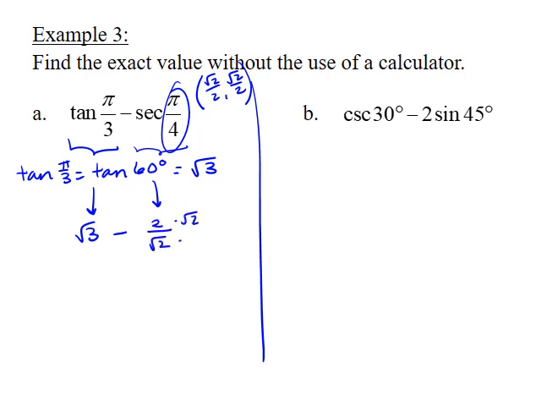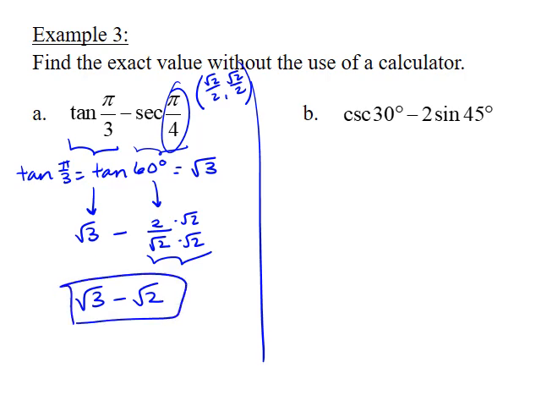But if I rationalize this, I end up just getting root 2. So the exact value that we are interested in is root 3 minus root 2. These are not like terms, so I cannot combine them, so this is the final answer.